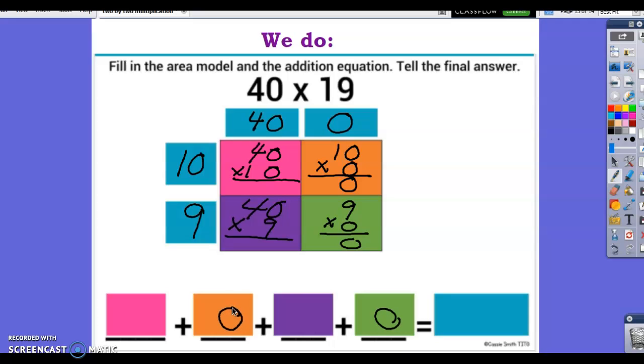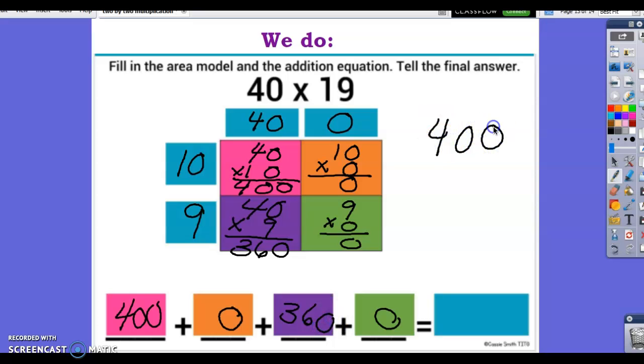Then once you multiply 4 times 1, you get 4. You add 2 zeros, which is 400. Then 4 times 9 is 36. You add a 0, 360. Now all I'm having to add is 400 and 360.